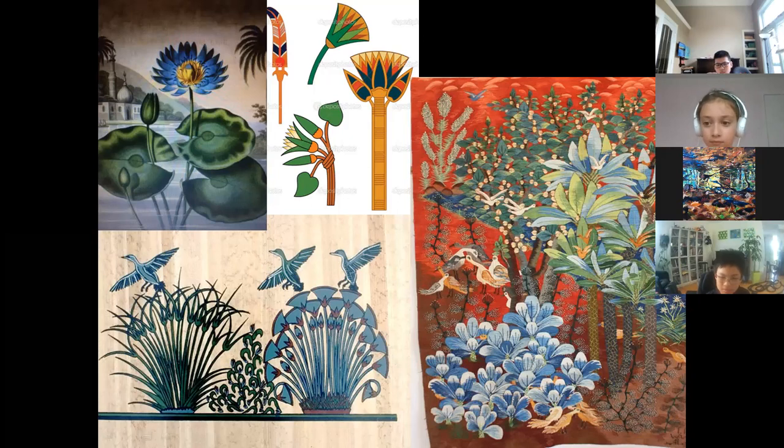So it is flower or it is a grass, but first it is not exactly realistic. It's more or less decorative. This is a very strong character of ancient Egyptian painting, at least their paintings of flowers and grasses or plants.